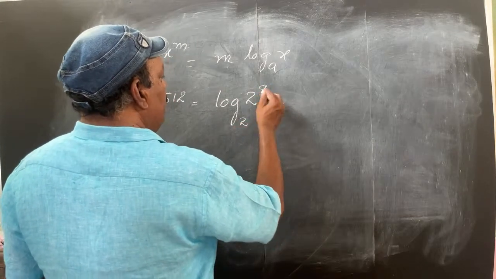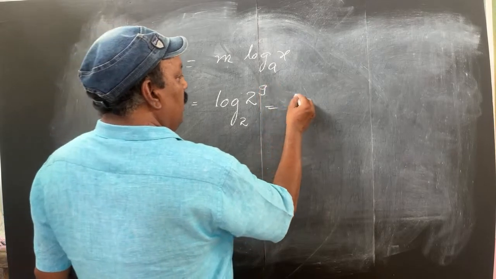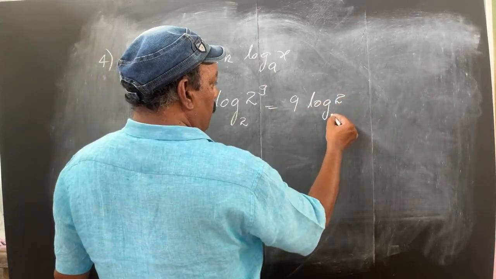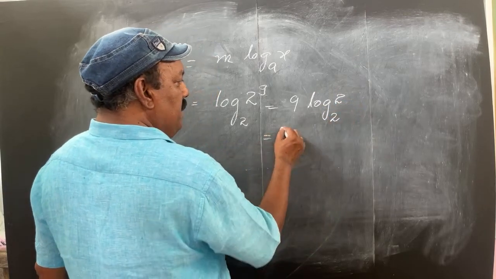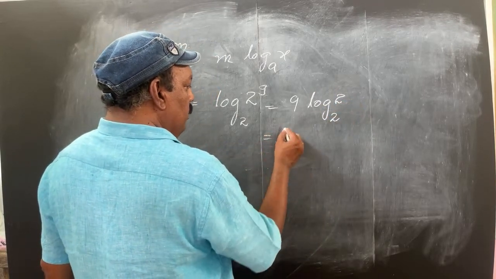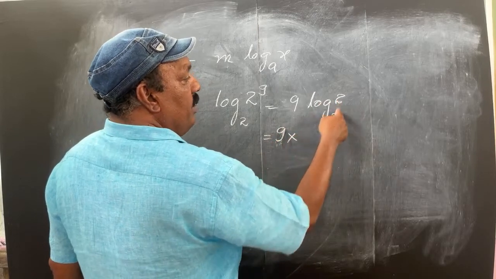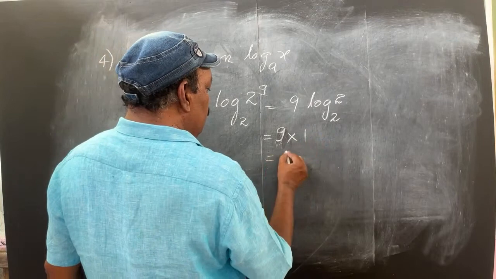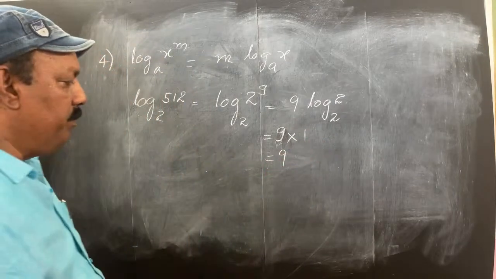Here 9 is the exponent. So 9 will become the character: 9 log 2 base 2. That means 9 into log 2 base 2, which is 1 according to formula number 3. So 9 into 1 is equal to 9. This is formula number 4.